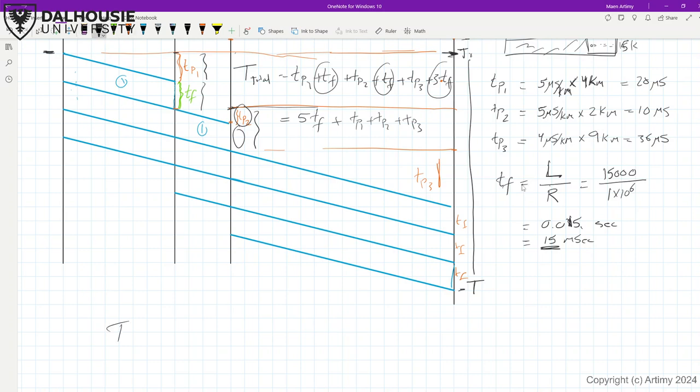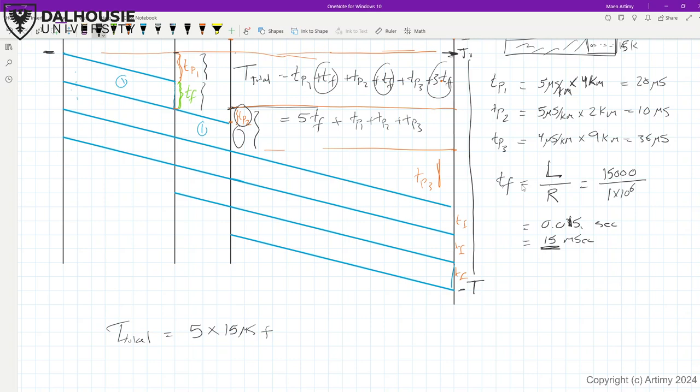So the total time, T total, is 5 multiplied by the TF, which is 15 milliseconds, plus TP1. TP1 is 20 microseconds.